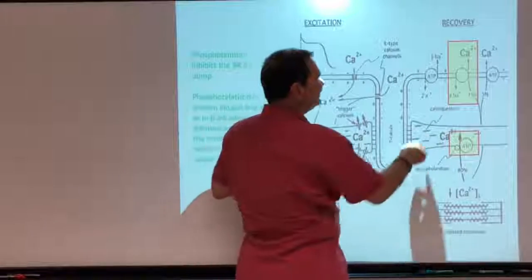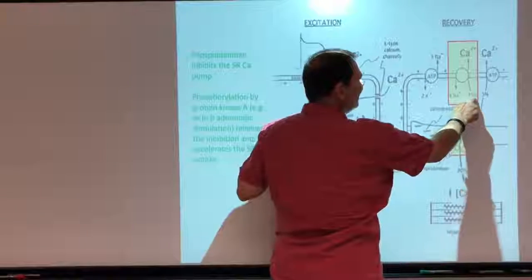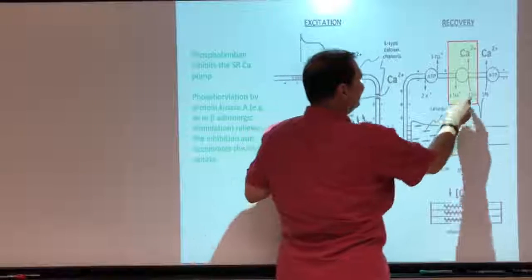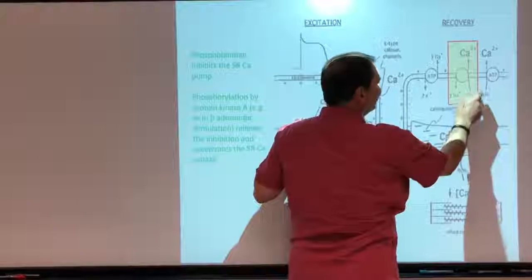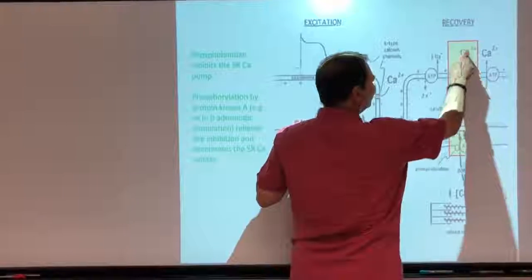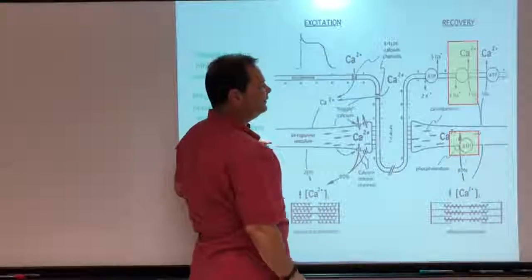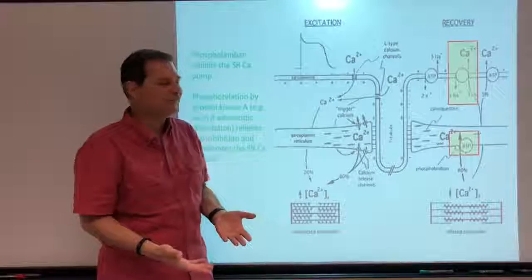And so as sodium goes down its gradient, that can't take place through the sodium-calcium exchanger unless this protein transports calcium in the other direction. You get calcium transported from low concentration to high concentration as this transport of sodium down its gradient takes place. So this is secondary active transport.